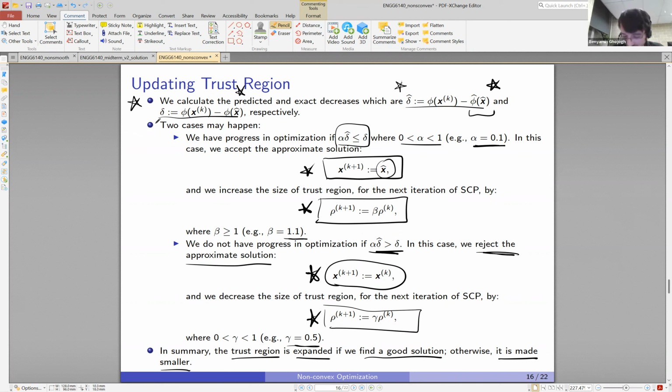Let's start the branch and bound method, which was an example for global optimization method for solving non-convex optimization problems. The global optimization methods guarantee that they will find a global solution. They can certify it, but they are usually slow.